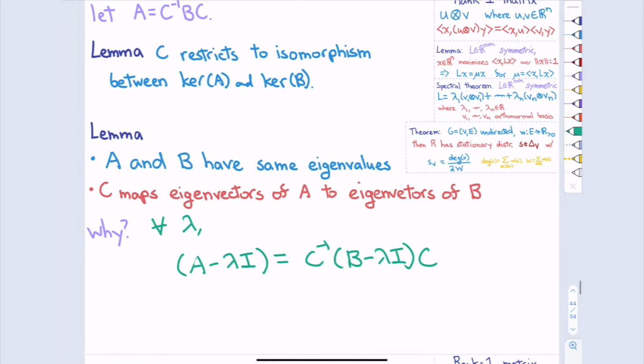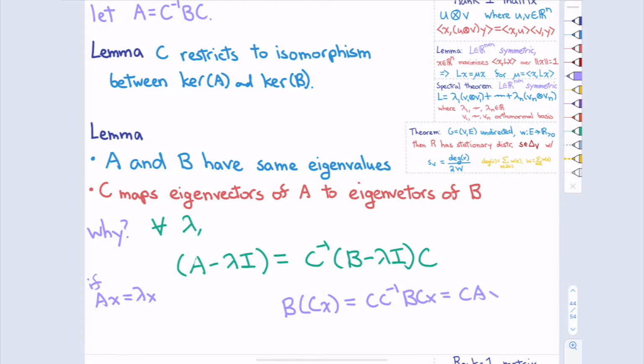The other, less slick version maybe is that if Ax is equal to lambda x for some x, then we could figure out some way to make this work. So if I looked at BCx, then we can write this as C inverse BCx, which is CAx, which will give us our lambda Cx.